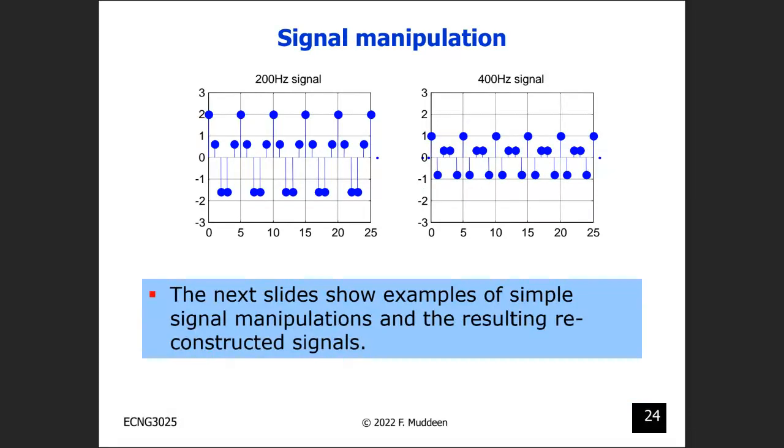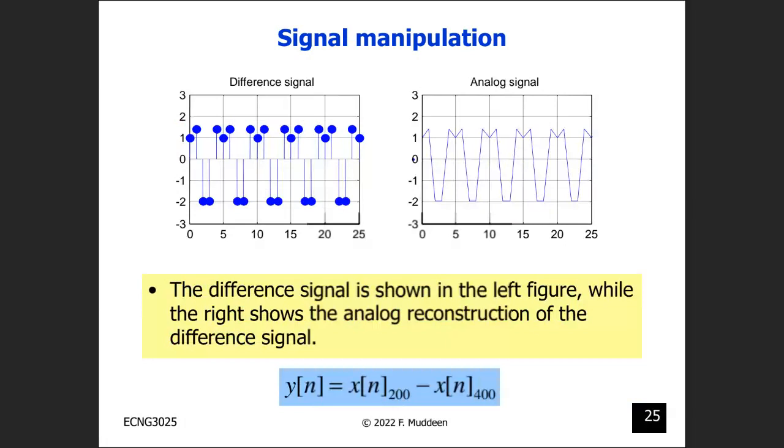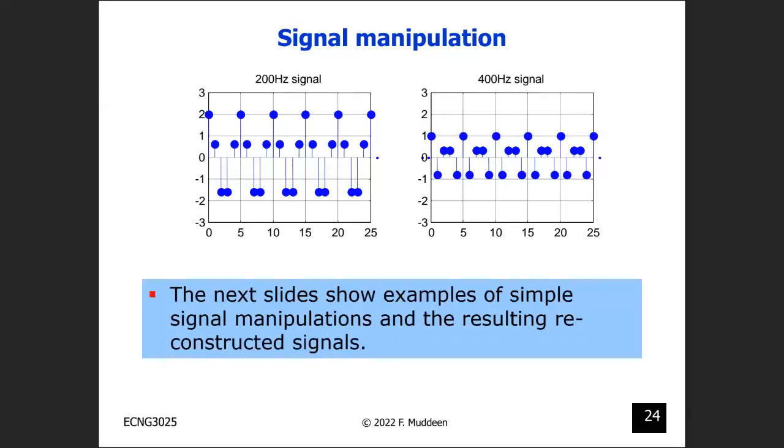I have these 2 signals here, and I can add them. Sorry, in this case, I subtracted them. So here's a 200 hertz signal, and I take away the 400 hertz signal from it. So I take this one here, and I subtract, so this minus that.